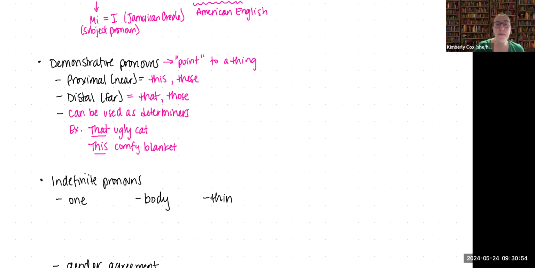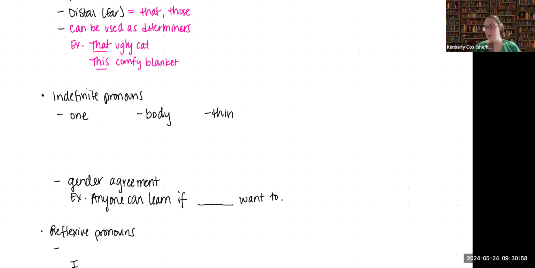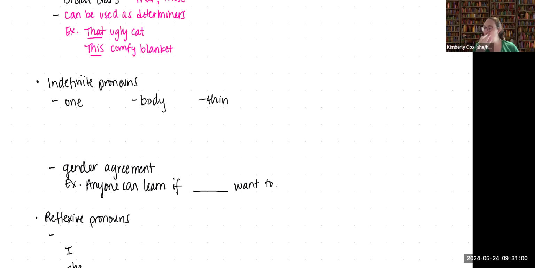Okay. The next type of pronouns I want to talk about are indefinite pronouns. And we use these quite frequently. They're words that often end with either one, body, or thing. And as soon as I start, I think you'll know exactly what I'm talking about.